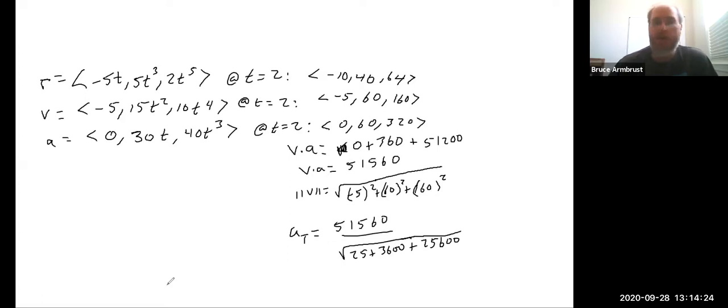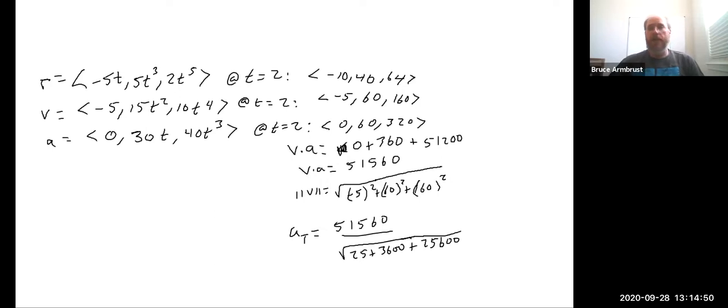Okay, so now that we've got A_T, how are we going to get A_N? Victor just put something in the box. Let me remind you there are 2 ways of finding A_N.